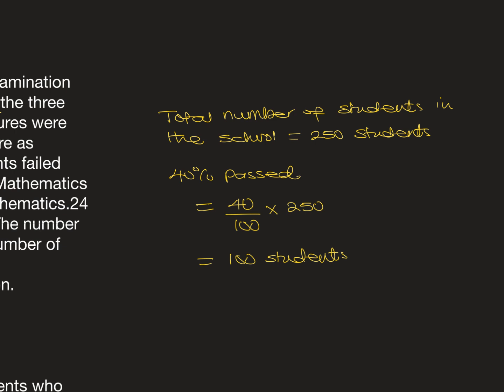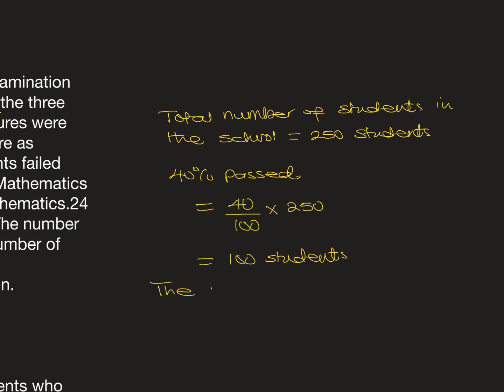And like I told you, because we are only dealing with failures in the question, I need to know the number of students who have failed. So if you have a school of 250 students, but only 100 students have passed, this tells you that 150 students have failed the exam. So how do we find that?